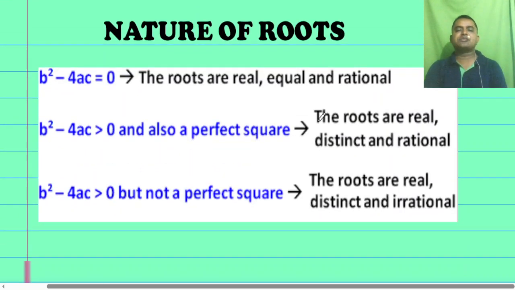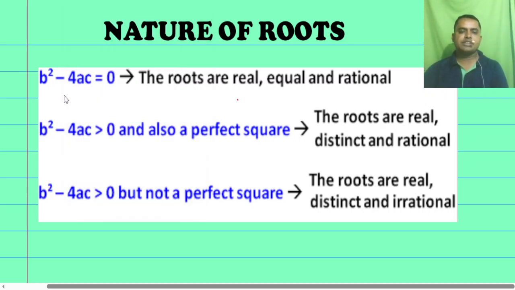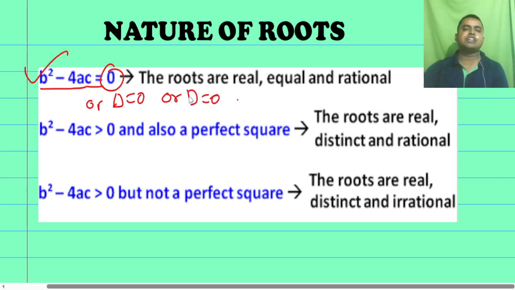Then comes the nature of roots. So it is very important, dear students. The nature of roots is decided on the basis of the discriminant value. If b square minus 4ac is equal to 0, or delta is 0, or D is 0, then the roots are real, equal and rational.